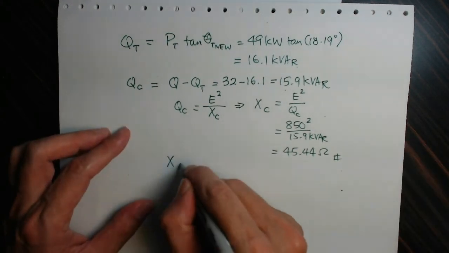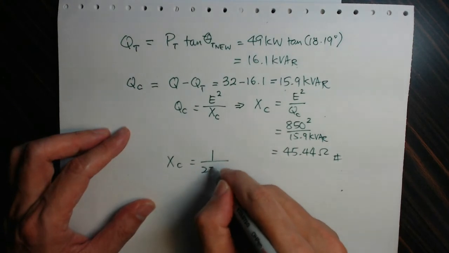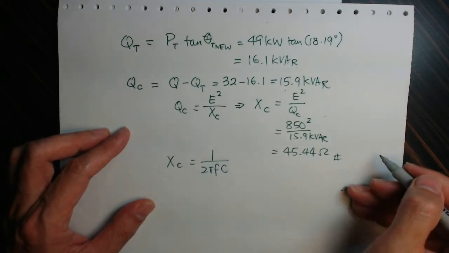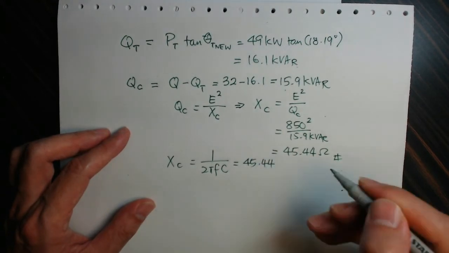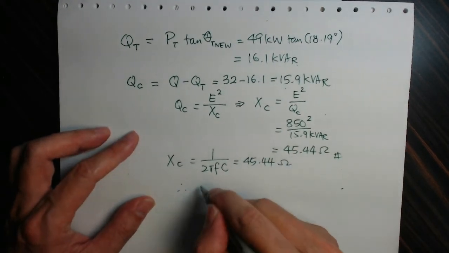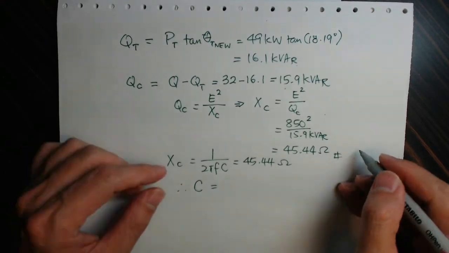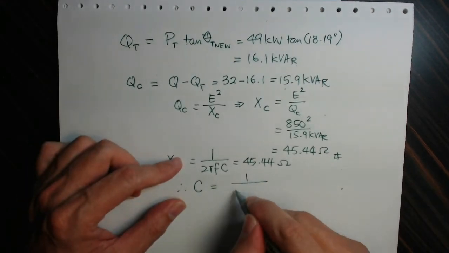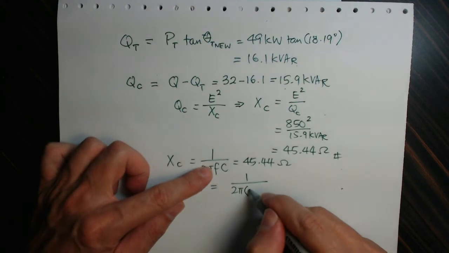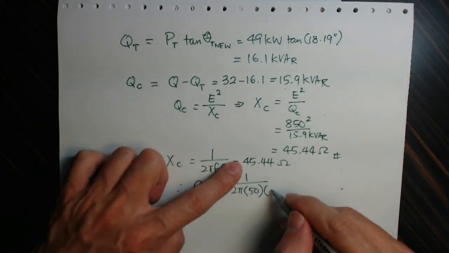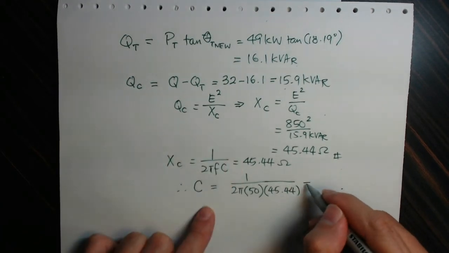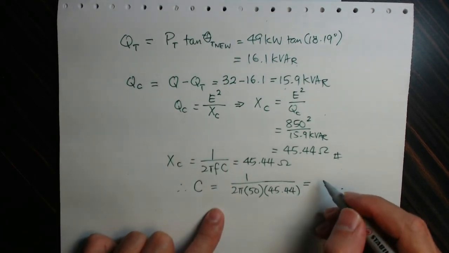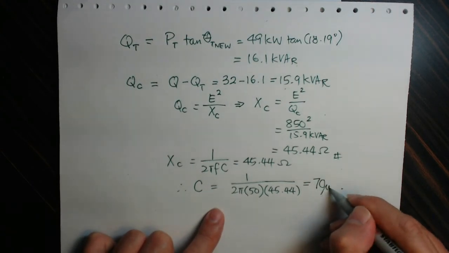But we know that Xc is equal to 1 over 2 pi Fc, which means this is equal to 45.44 ohms. Therefore, the capacitor that I need to add in must be equal to 1 upon 2 pi F. I replace with 50 Hertz, 45.44 ohms. That gives me a capacitance value of 70 microfarad.